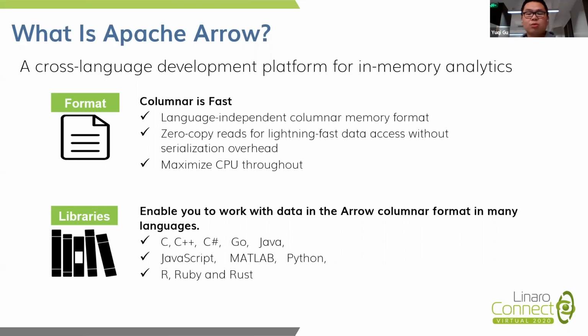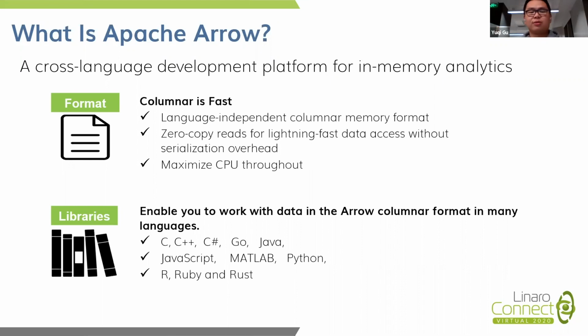Arrow's libraries implement the format and provide the building blocks, including high performance analytics. Many popular projects like Spark, Parquet, and pandas use Arrow to ship columnar data efficiently or as the basis for analytic engines. The libraries are available for C, C++, C#, Go, Java, JavaScript, and Rust.